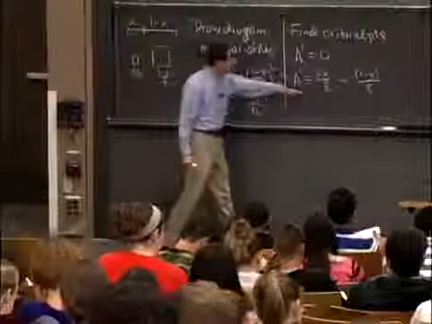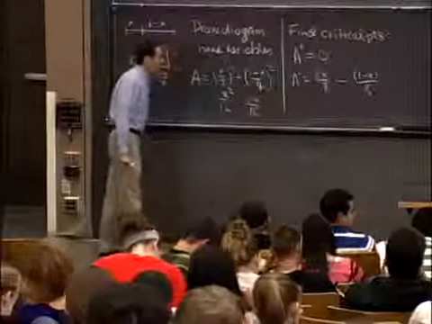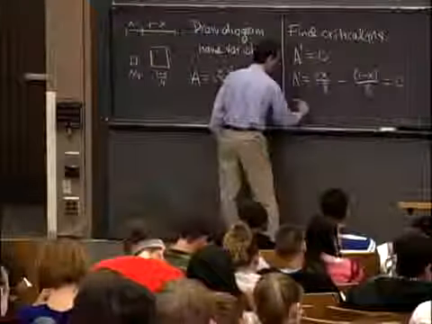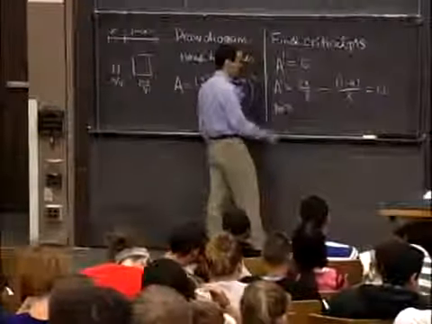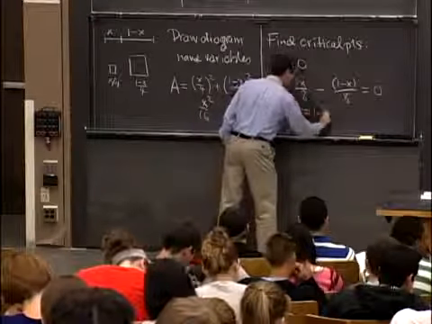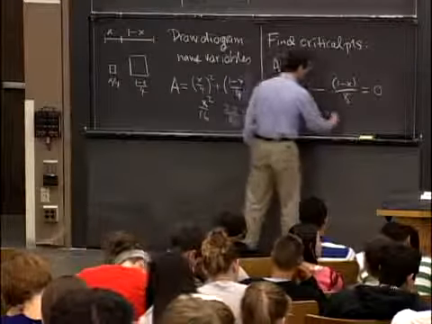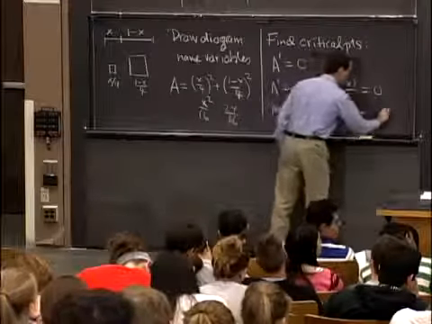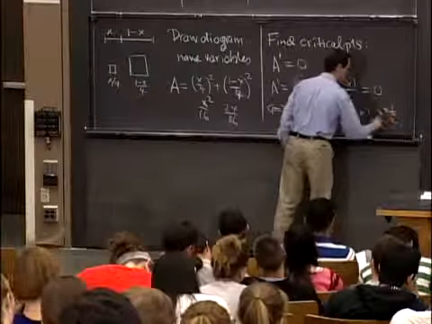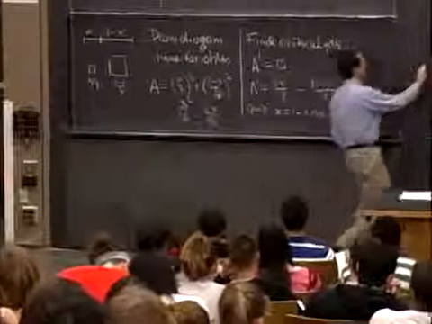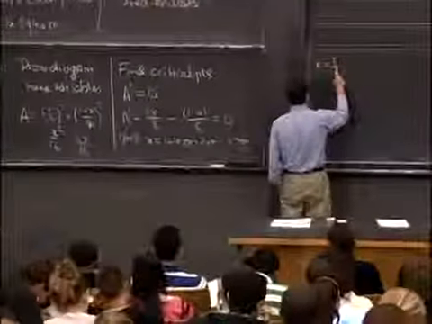Now, this is equal to 0 if and only if x is equal to 1 minus x. That's 2x equals 1, or in other words, x is a half. So there's our critical point. So x equals a half is the critical point.